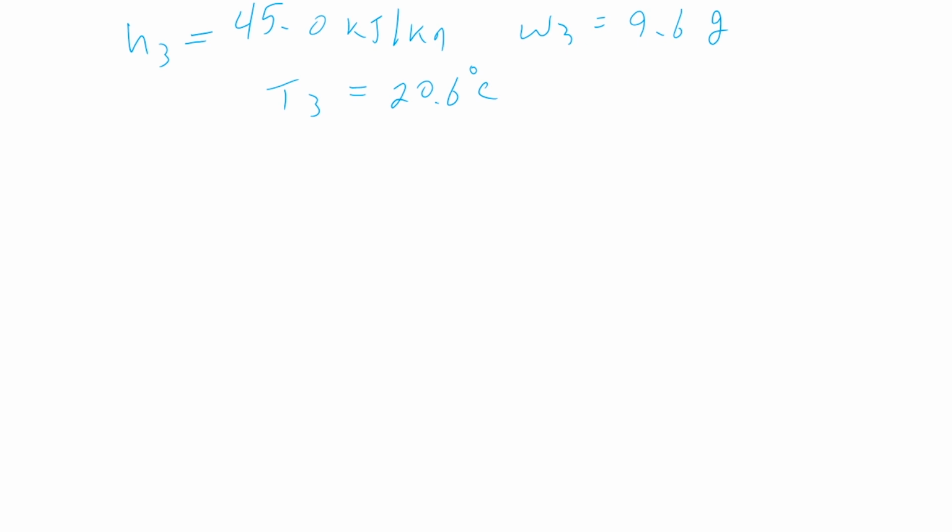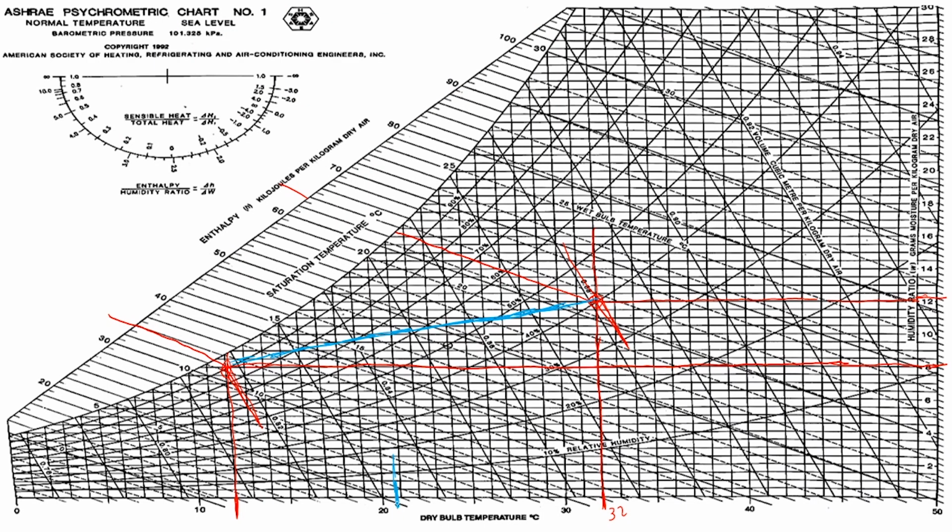Alternatively, we can find just one of them, then take the rest of the data from the psychrometric chart. So we can see here the dry bulb temperature is 20.6 degrees Celsius. So this is the point. So we can take H value and omega value directly from the psychrometric chart, but of course, it will be less accurate.